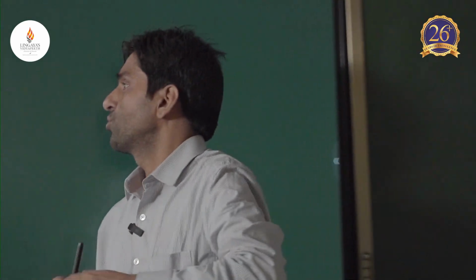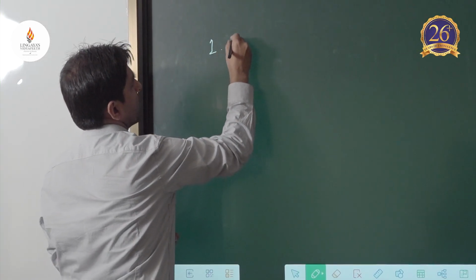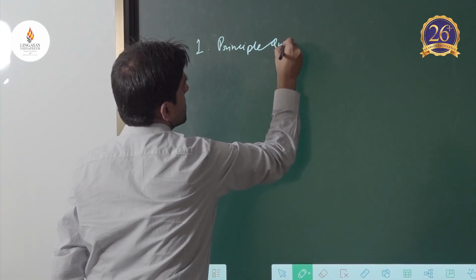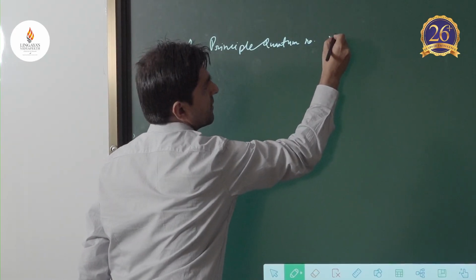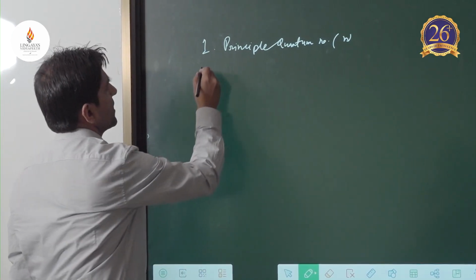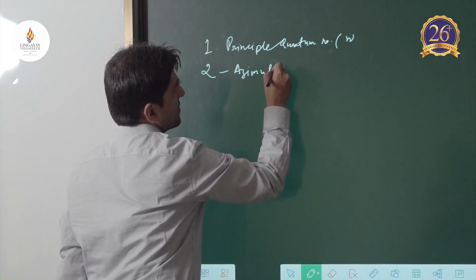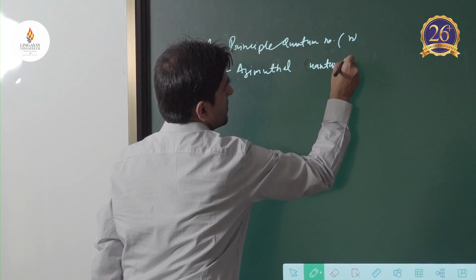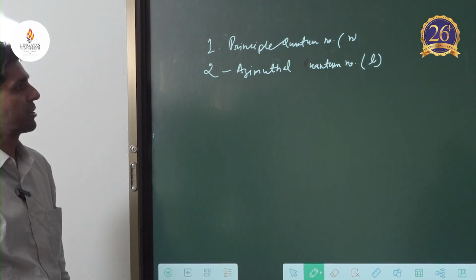Today, I will tell you about the quantum numbers. So, as you know, there are 4 quantum numbers. Principal quantum number, that is denoted by n. Second one is azimuthal quantum number, that is denoted by L. You can also say angular quantum number.